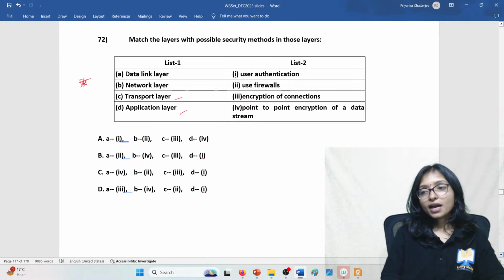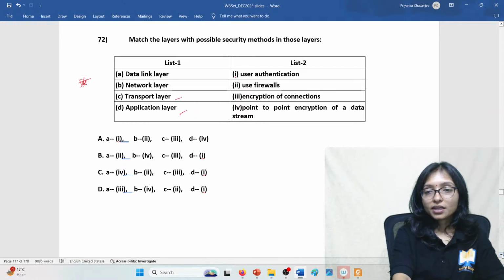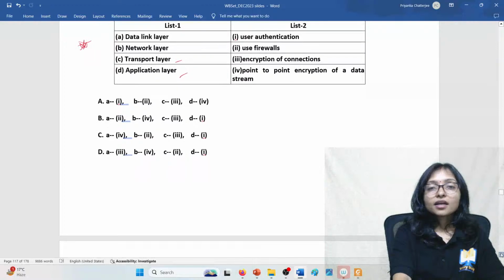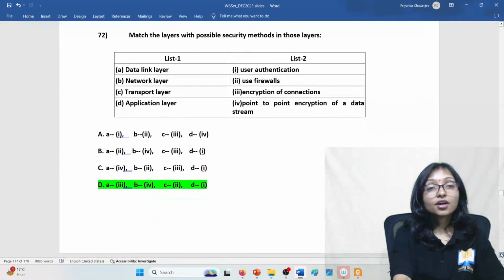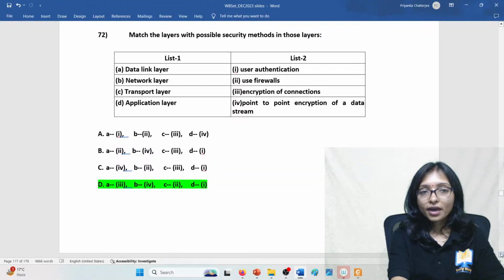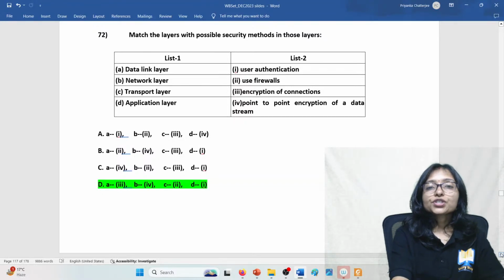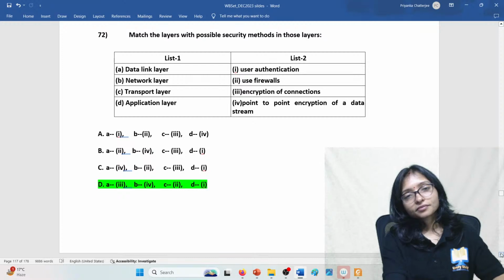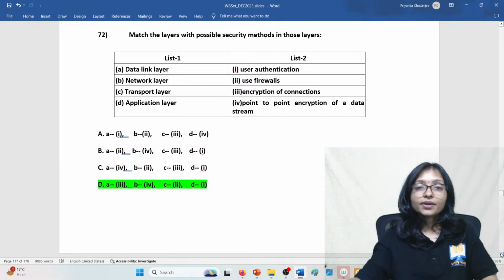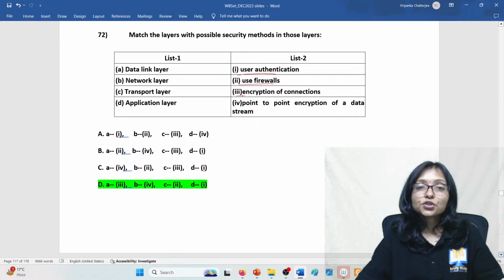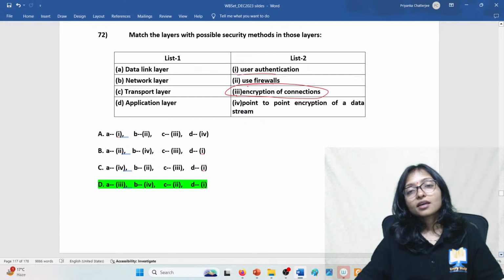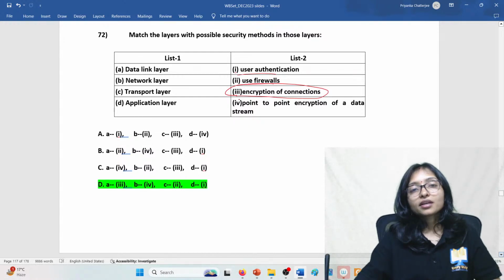OSI and TCP/IP, questions always come in this area. What will be the correct answer? Where is encryption going on? In the data link layer, here you can see that user authentication, firewall, encryption, decryption is going on in which layer? That is the keyword you can see. You can find out the keyword here.